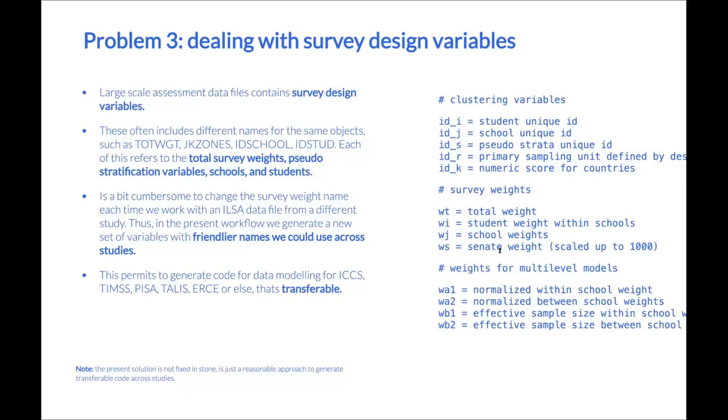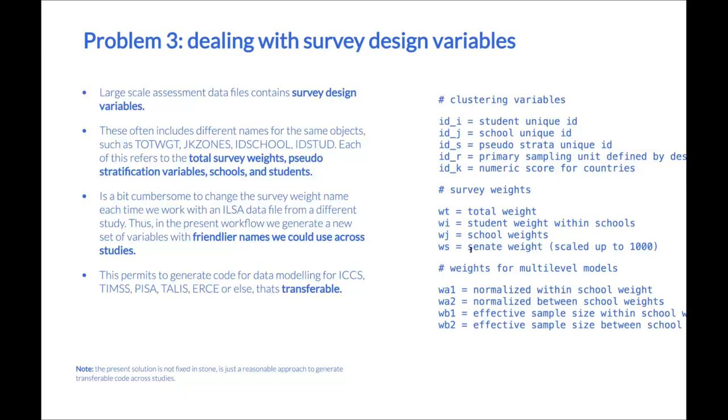So if we scale them, that means that the sum of the weights is going to be fixed to a specific number. Then the two countries are going to be balanced, and each of the two is going to contribute to the statistical model in an equivalent way.